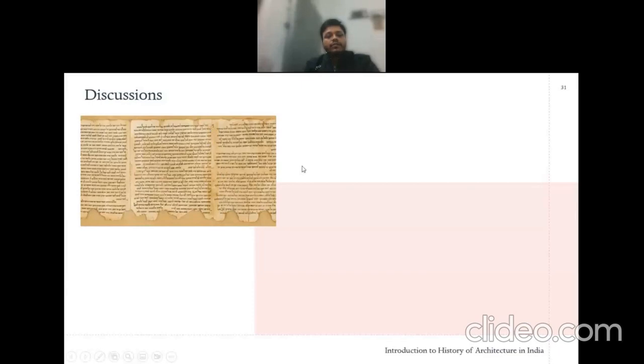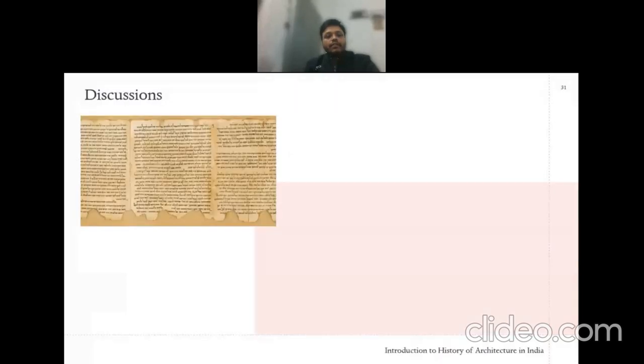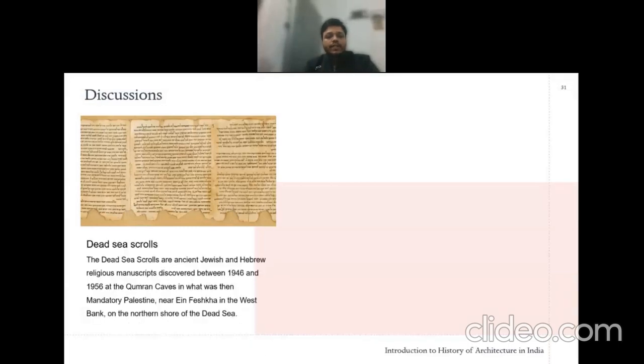Again, this is a type of scroll from the above question itself. So the other options are Dead Sea Scrolls, or Lost Gospels, or Indian Craft Manual. Yeah, so this is the Dead Sea Scrolls.